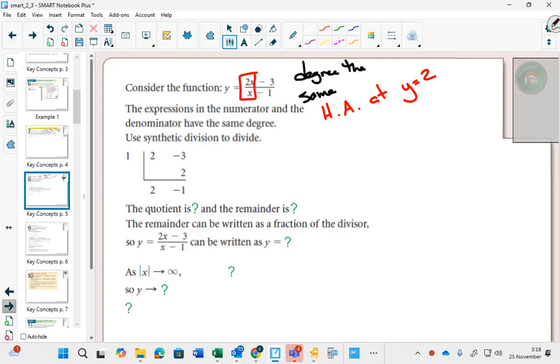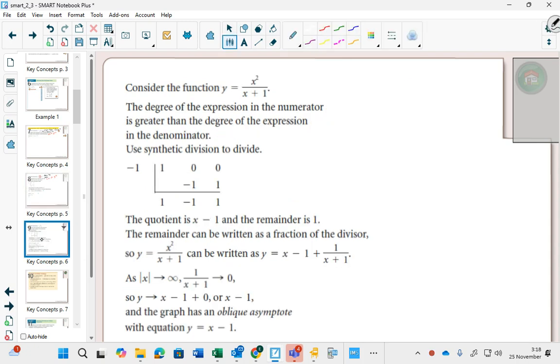And if the degree is biggest in the numerator, and basically, I'm going to say, and there's no hole that simplifies it straight down to a line.